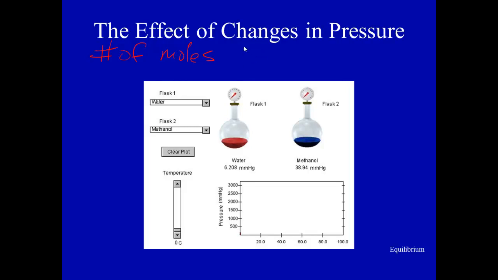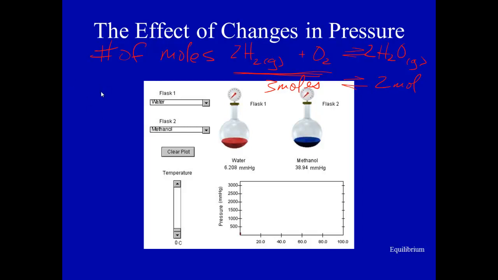So if I have H2 gas plus O2 gas, and let's say I've got some little equilibrium happening here, and I'm going to make water vapor gas, and I've got my balanced equation. On the left-hand side of the equation, I have a total of 3 moles. On the right-hand side, I have a total of 2 moles, when I'm looking at my products and reactants.